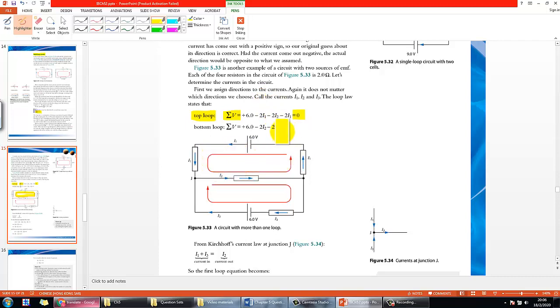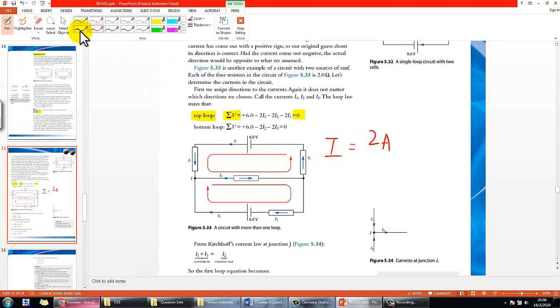Be careful whenever we use this approach to solve a problem: you have to define the current first. It doesn't matter which direction you define. For example, this question is defining it in this direction, which I call anti-clockwise, but you can actually do the other way around. At the end of the day, you may find the current equals something, let's say 2A, then it's just 2A.